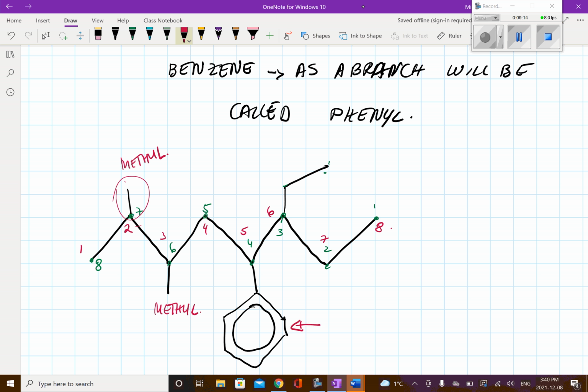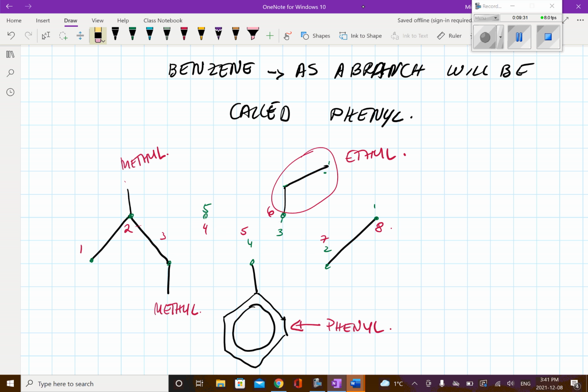Since now this becomes a branch, then we call it phenyl. And this one here is ethyl. So obviously the correct labeling will be with the red one.